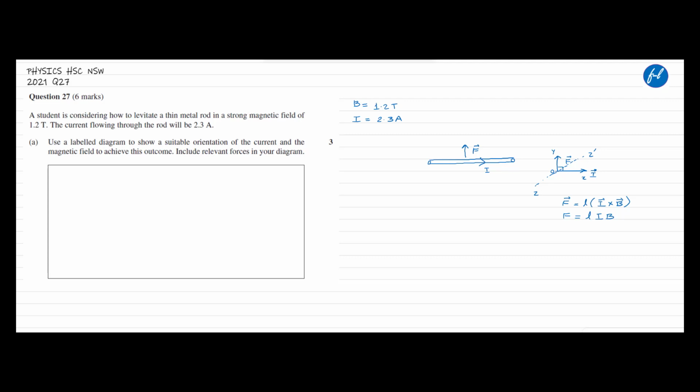Now, let's pick up any one direction of the magnetic field. So if I pick up in this direction, B, let's see what is the direction of the force that will be applied.